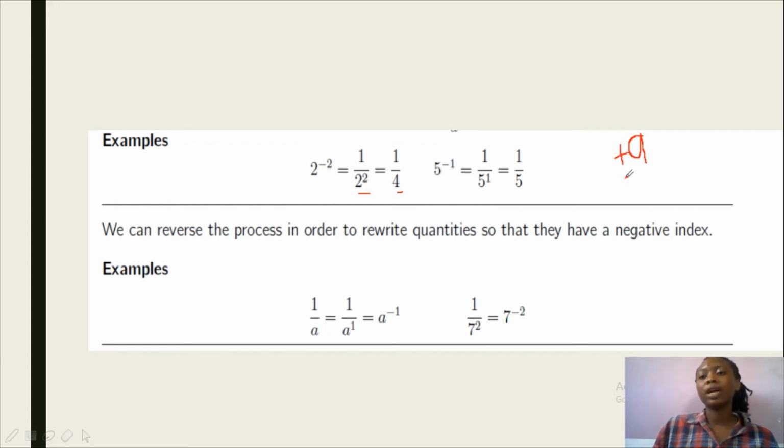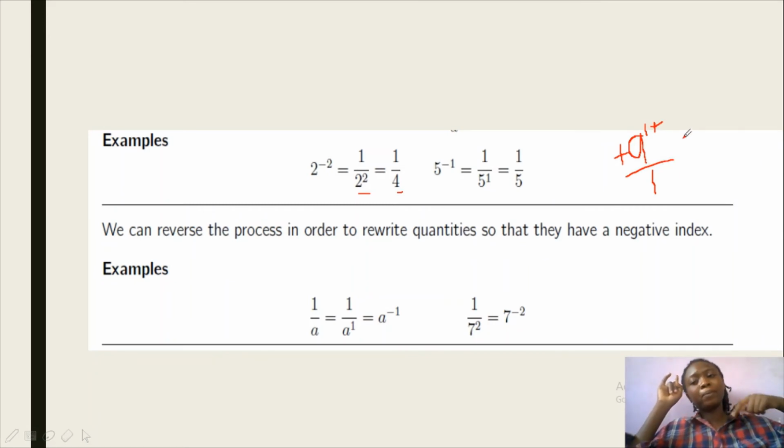And now we are dealing with ones. We just learned that there is a hidden 1 under it, and there is also a hidden 1 up here as the exponent.